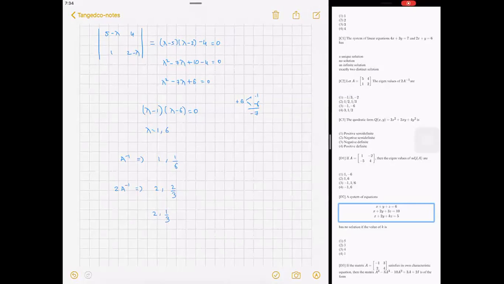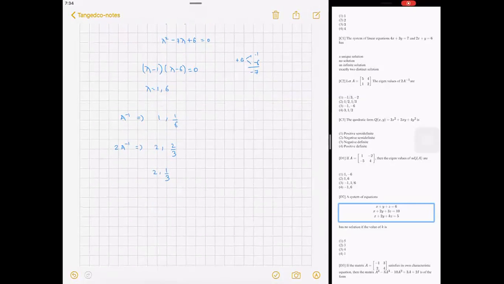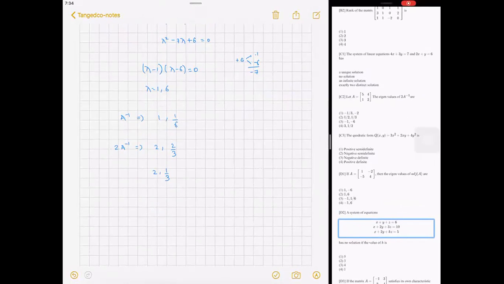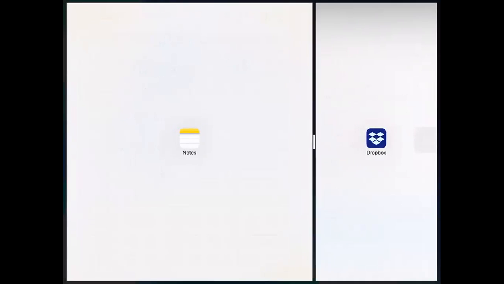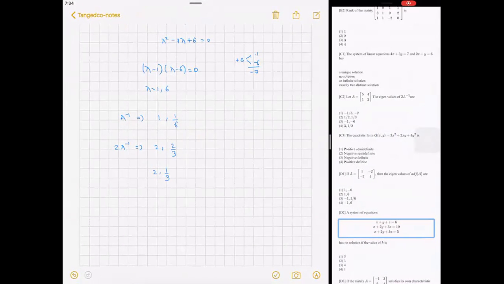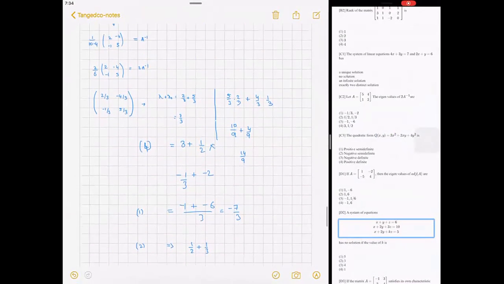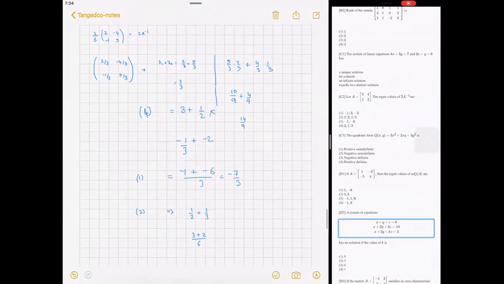So why did we get this? There might be a typographical error, or I think I'm getting the answer to be 2 and 1/3 only. So this is the answer. Even in the previous case we got it correctly, so there might be a problem with the question, I think.